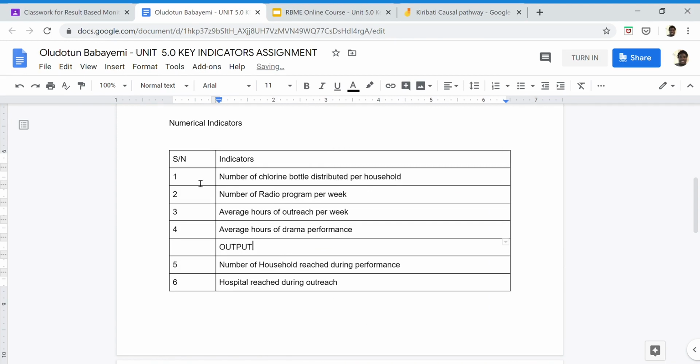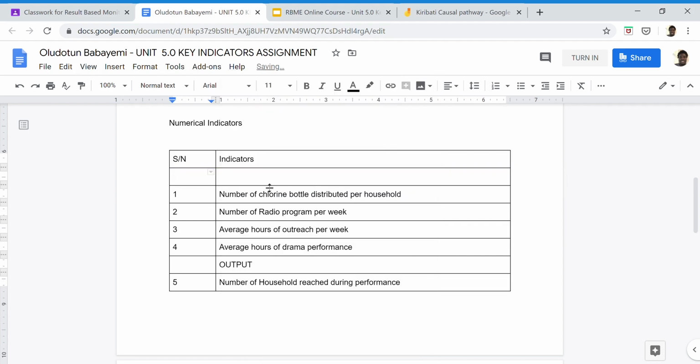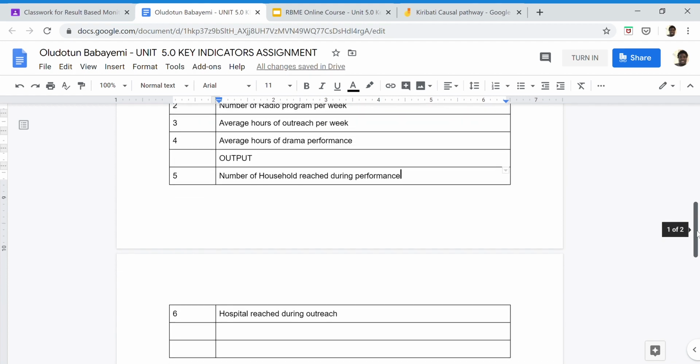It's important to do this: this is activities, or you can say input if you want. And for the output stage, for each activity you need an output.